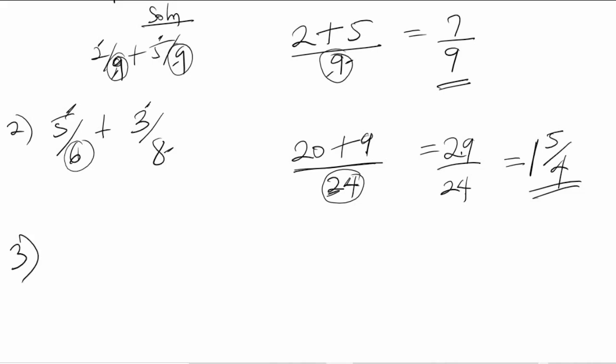Let's look at the third example. 7 over 10 minus 4 over 15.